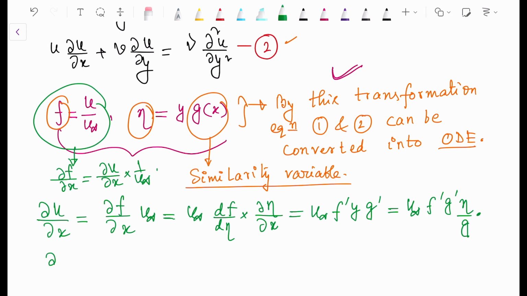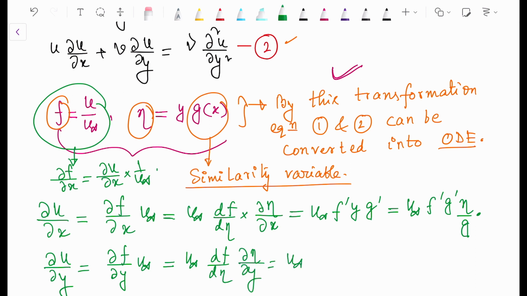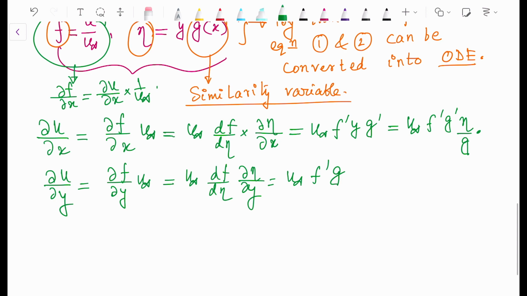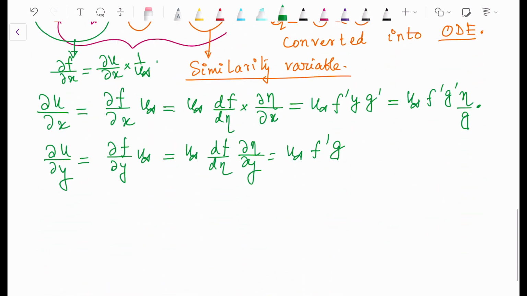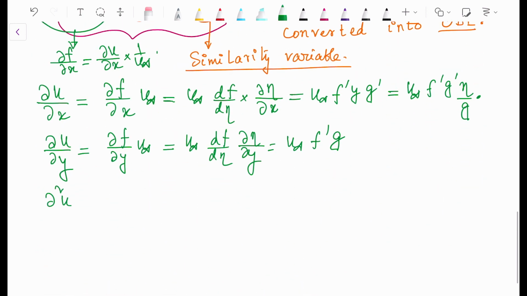Now let us have del u del y. Similarly, this is del f del y into u infinity equal to u infinity into df d eta into del eta del y. So this is u infinity into f dash, and del eta del y is g. And also I have del square u del y square. So del square u del y square is equal to del y of what?